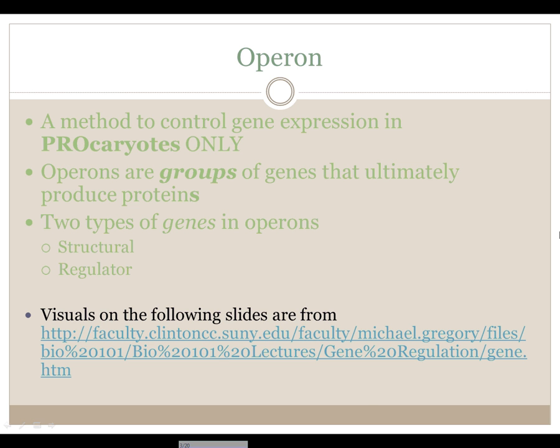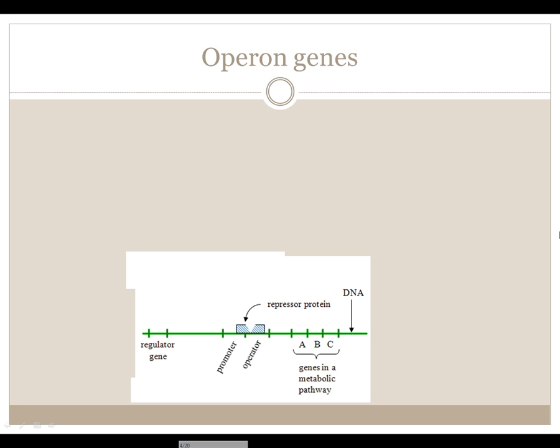Educational websites generally have pretty good stuff. So here is a visual of an operon. The operon would be the green stuff, representing a chunk of DNA. It's not shown real well, but DNA is a double helix.